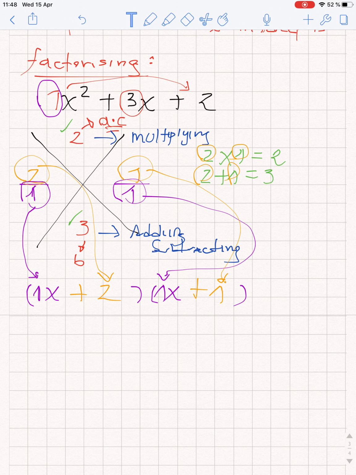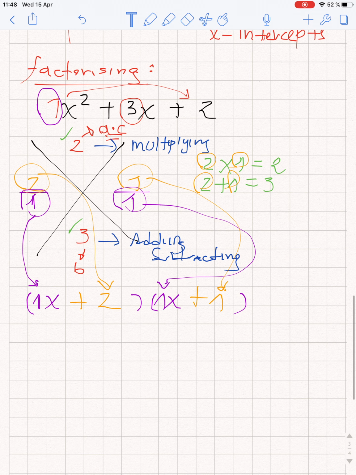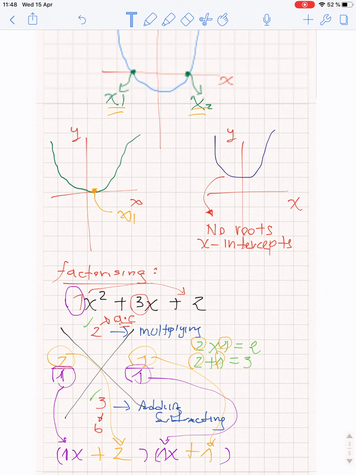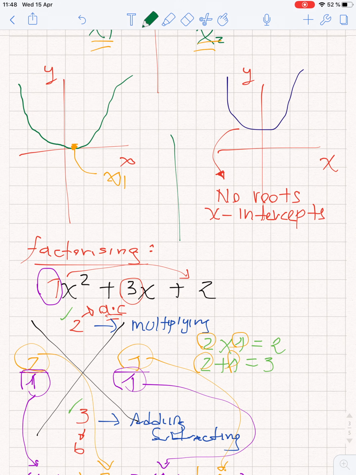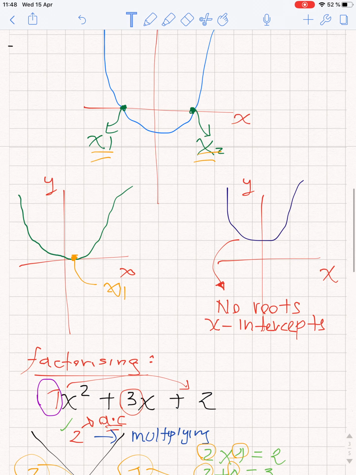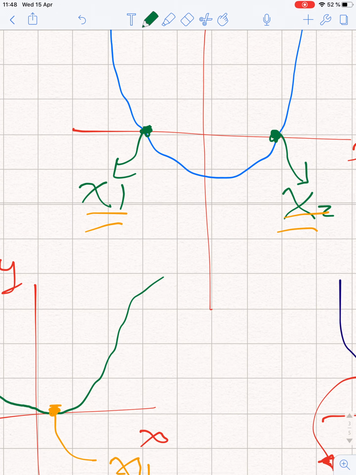Finally, if we want to rewrite this, the final answer of this is going to be x plus 2, x plus 1. But if you see, we don't have the values for x, because as I said before, in the graph we need to find the values that correspond to x.